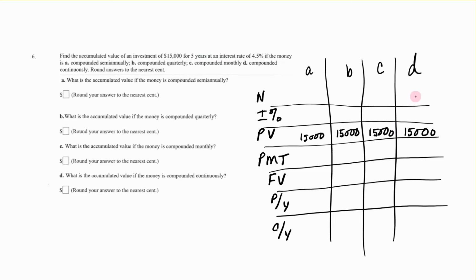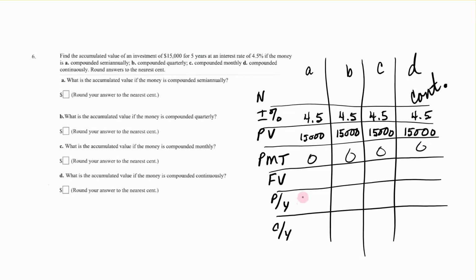All right, this one is continuously, so it's different than all the rest. I will do this separate. All right, 5 years, okay, at an interest rate of 4.5, so 4.5, 4.5, 4.5, 4.5. Payments are 0. Future value I'm looking for.